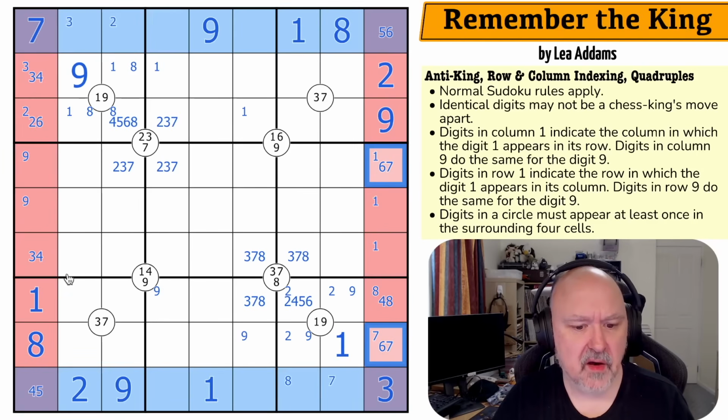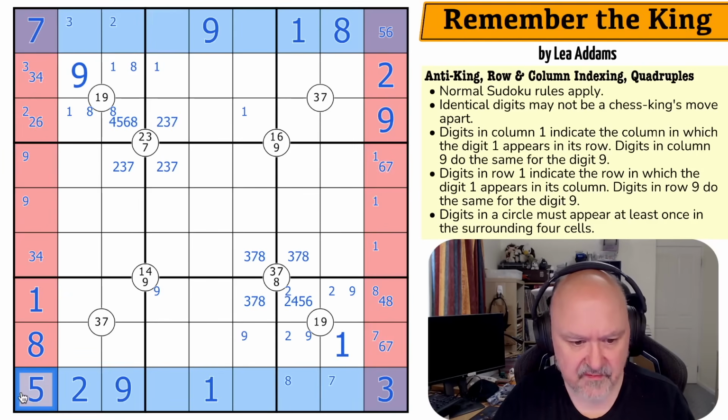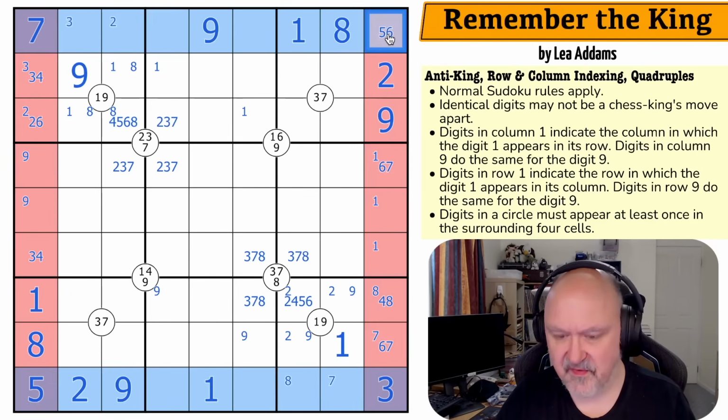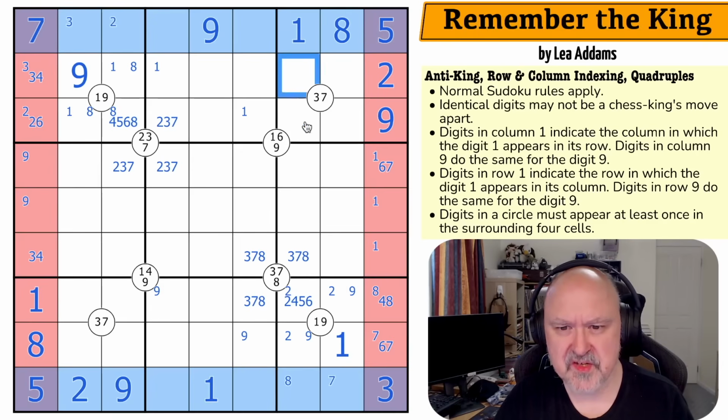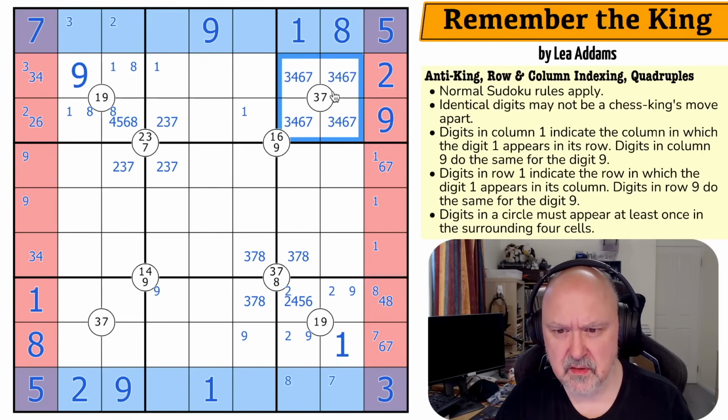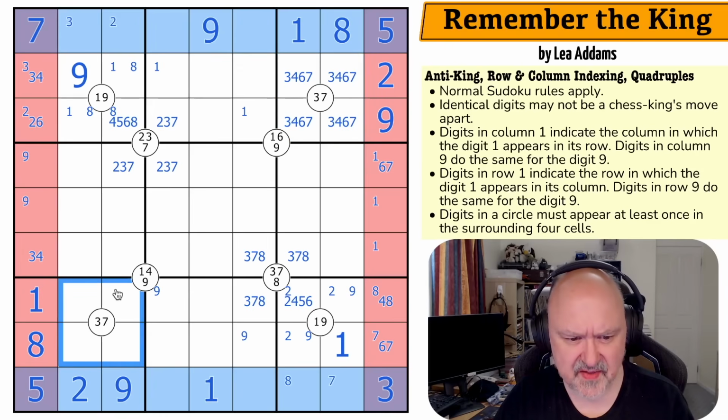Where's 5? Oh, this one, of course, made this 5, and this 9 made this 5. So I know what these are. 3, 4, 6, 7. And these are the same, aren't they? 3, 4, 6, 7.